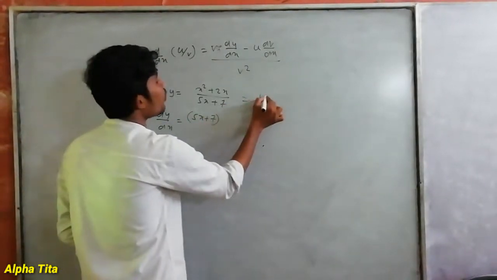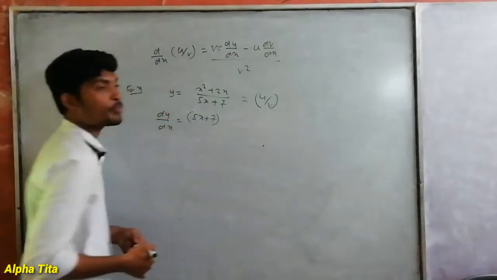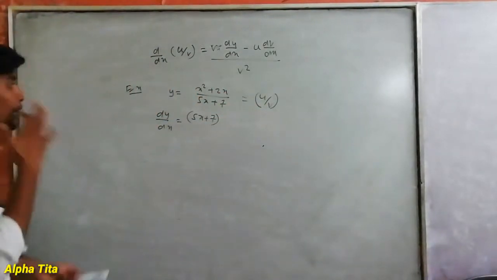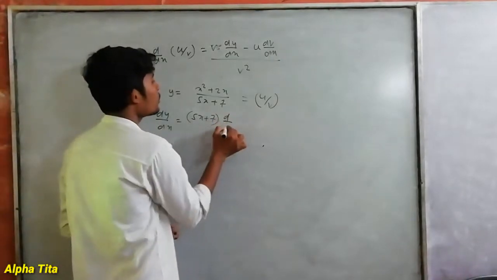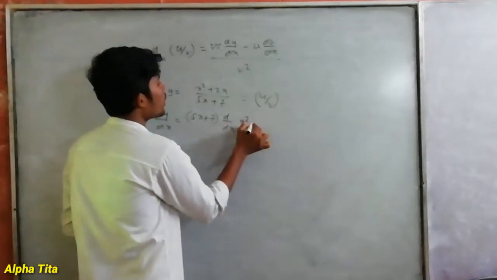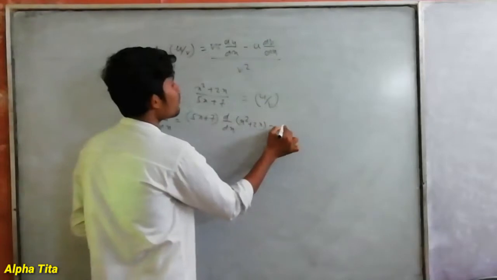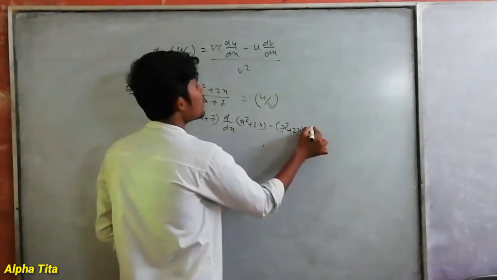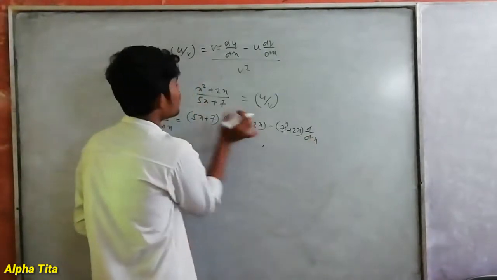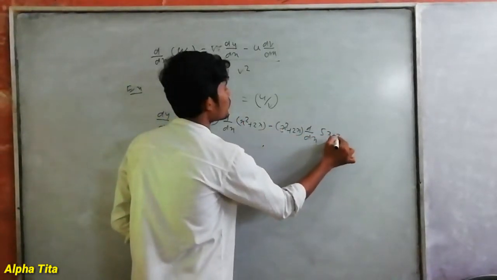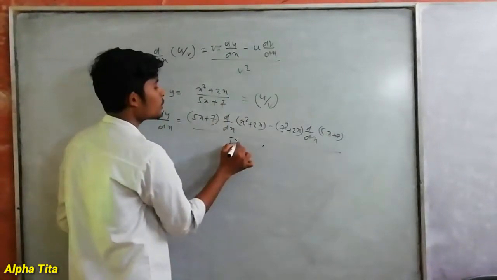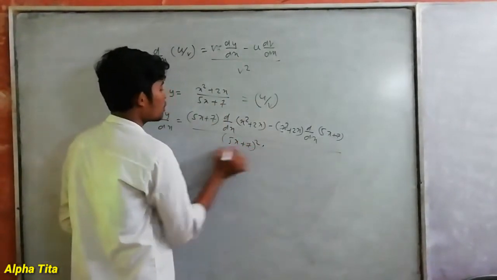Simply you have to write it in the form of u by v. This is your u and this is your v. The derivative is 5x plus 7 times d by dx of x square plus 2x, minus x square plus 2x times d by dx of 5x plus 7, divided by v square. What is your v square? 5x plus 7 whole square.